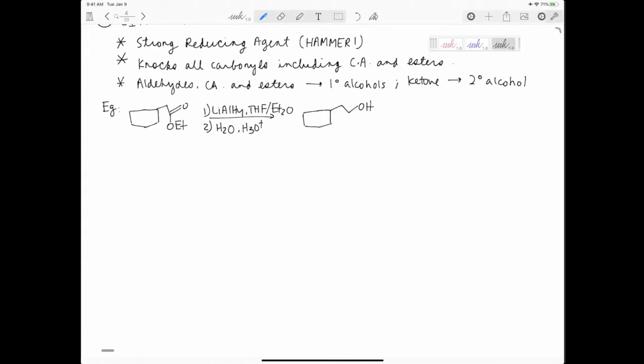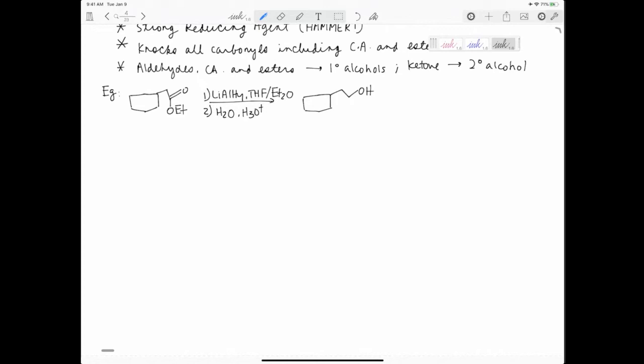Okay, if you had a carboxylic acid, it's the exact same thing. So let's look at a carboxylic acid. Okay, if I had lithium aluminum hydride, and let's just put, I usually use it in diethyl ether, around with THF.